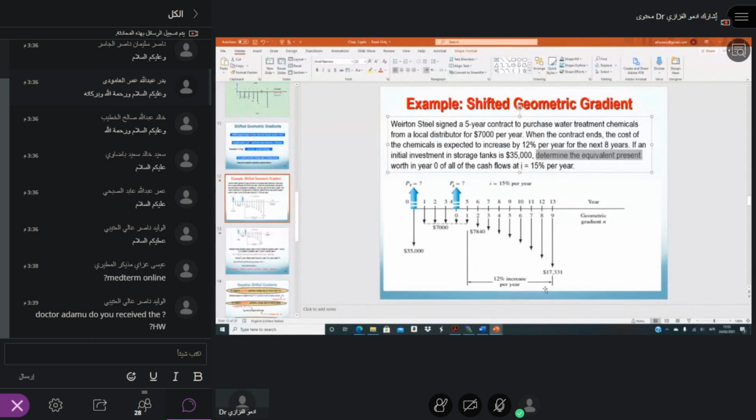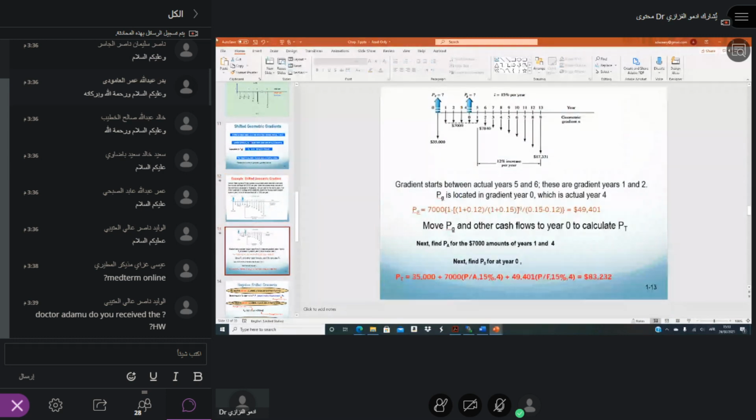This is when you start having the gradients, and this is how it is increasing, 12%. So you put this arrow and indicate that this is when you have a 12% increase. And this upper one is the total interest rate for the whole period.